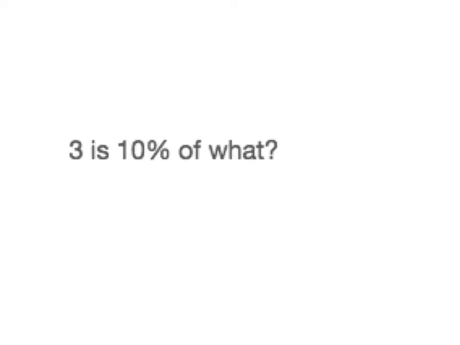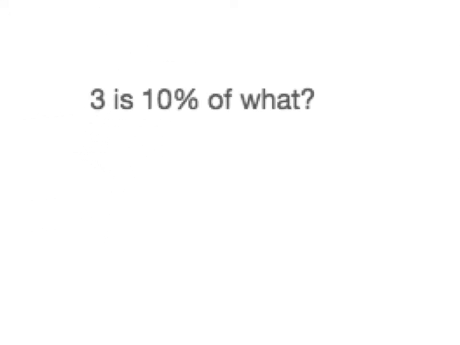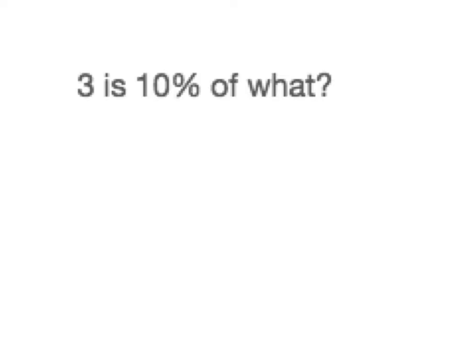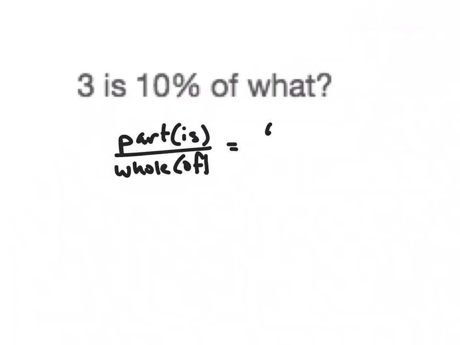On this one, it says that 3 is 10% of what? Let's write out our formula again. Part, which is is, divided by my whole, which is of, equals my percentage over 100. When it says 3 is, the is goes with the 3, and that's my part.